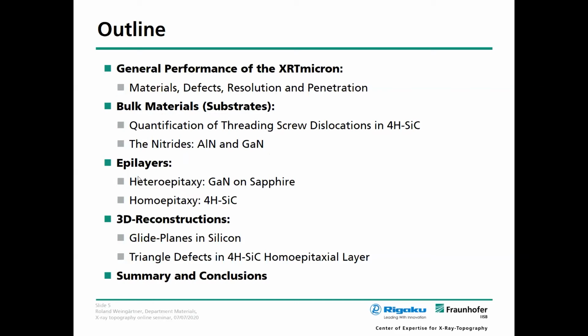The next big topic is the epilayers. Here I will show you applications on heteroepitaxy, for instance, how we can characterize gallium nitride on sapphire. Another example I would like to address is the homoepitaxy, meaning 4H silicon carbide layer on 4H silicon carbide substrate.